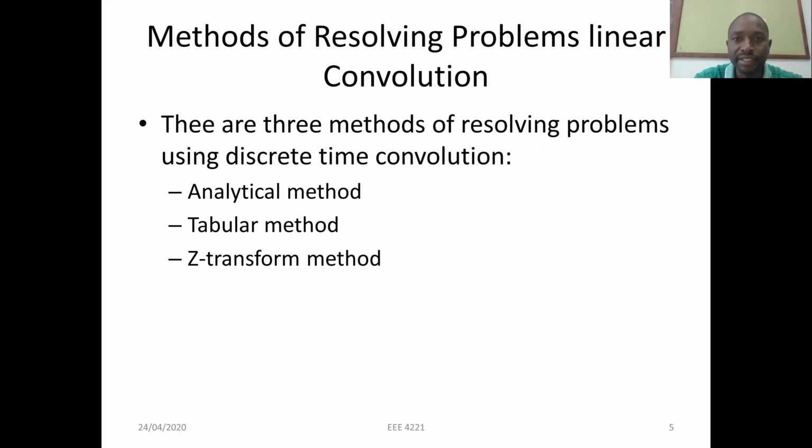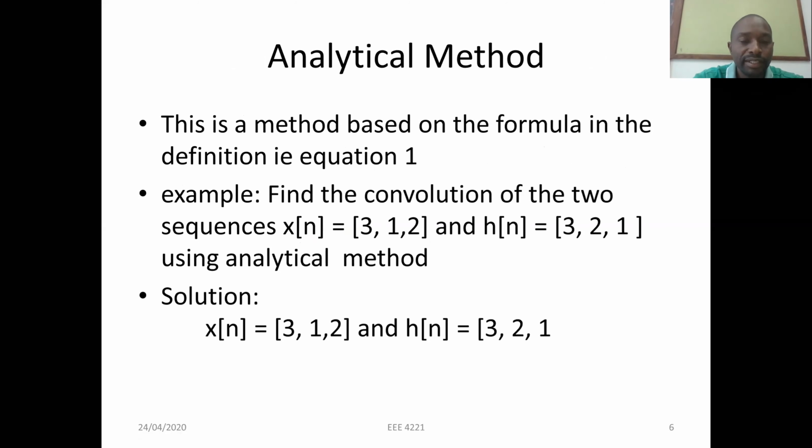Let's begin with linear, and under linear, we'll look at three methods of resolving problems in convolution of discrete time signals. The three methods include the analytical method, the tabular method, and the Z-transform method. In the next slides, we'll look at each of these methods in some detail. Let's begin with the analytical method. This is a method based on the formula which we defined in equation 1.